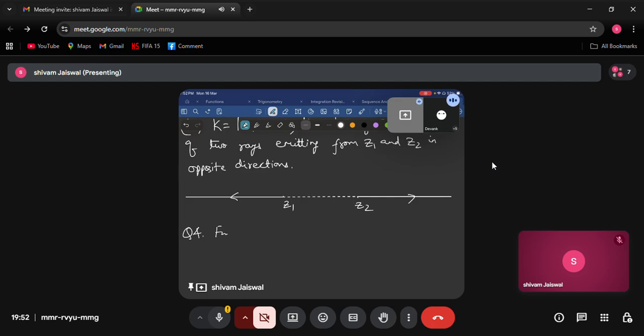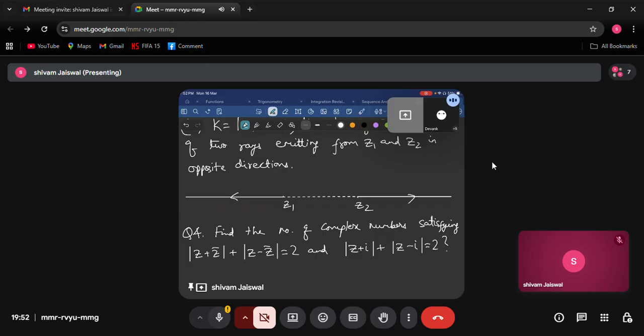Find the number of complex numbers satisfying mod of z plus z bar plus mod of z minus z bar equals 2, and mod of z plus iota plus mod of z minus iota equal to 2. Solve quickly.